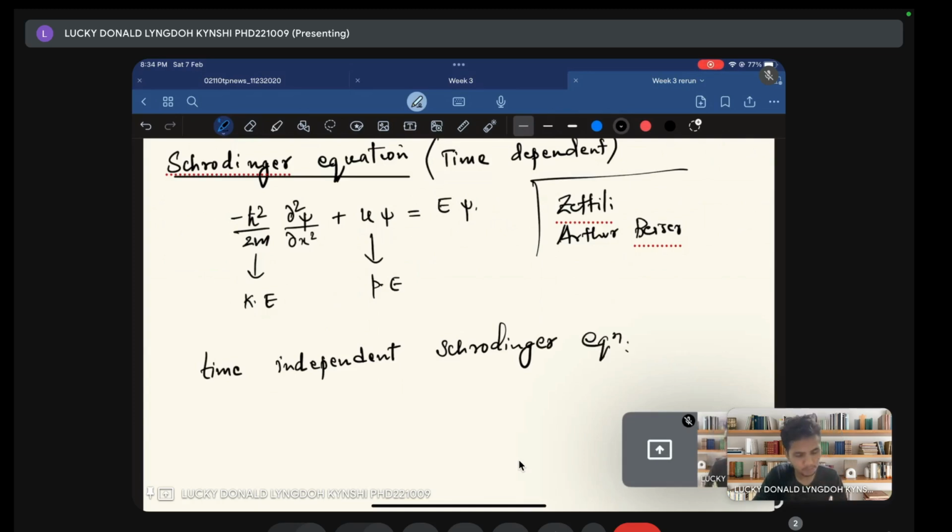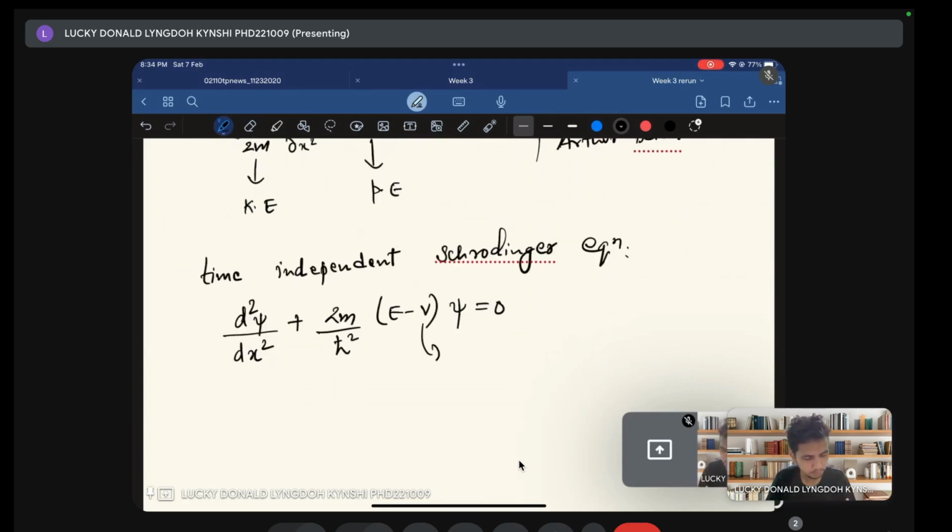It is given by d square psi by d x square plus twice m divided by h cross square, E minus V psi equal to 0, where V here is the potential.